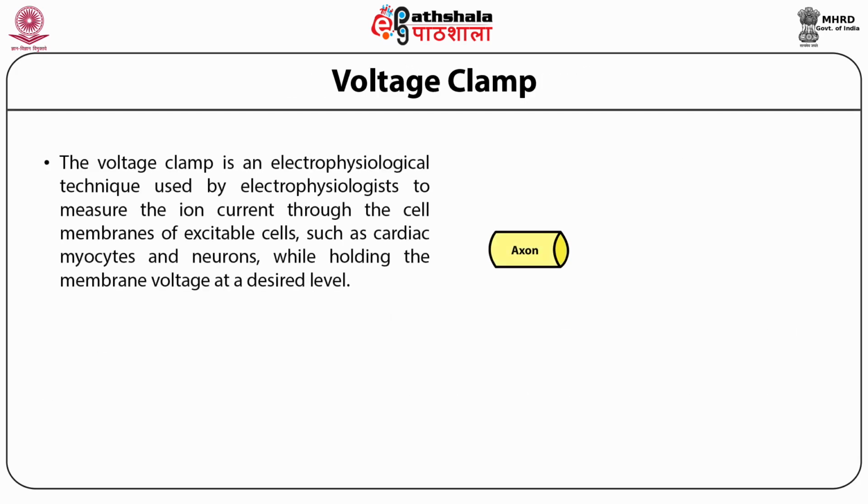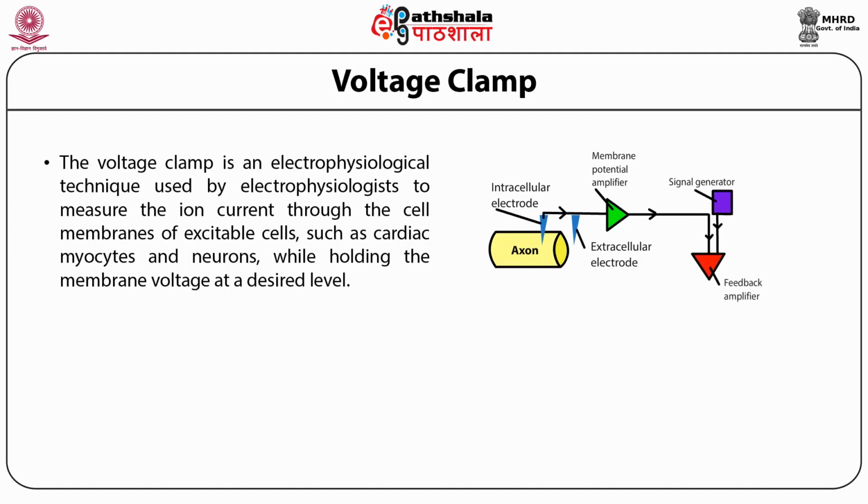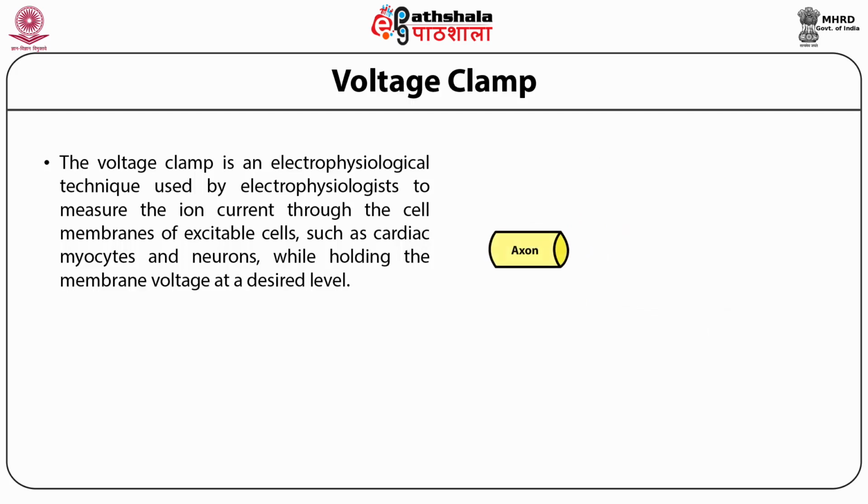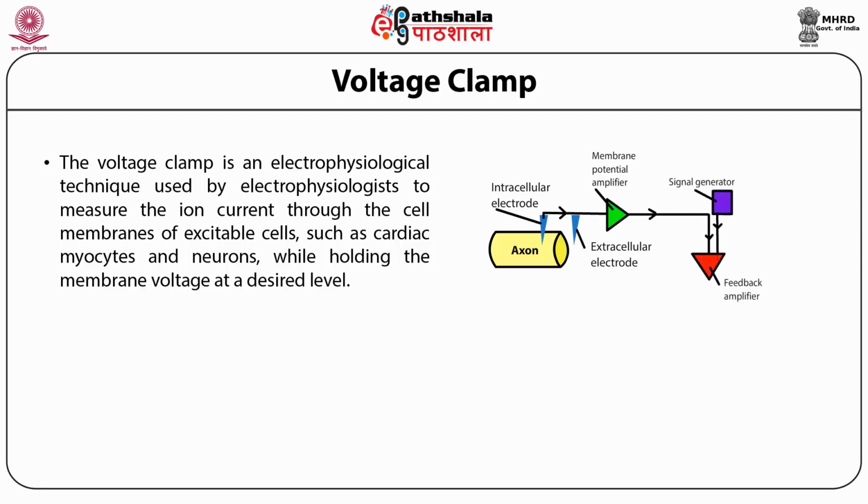Voltage clamp. The voltage clamp is an electrophysiological technique used by electrophysiologists to measure the ion current through the cell membranes of excitable cells such as cardiac myocytes and neurons while holding membrane voltage at a desired level.